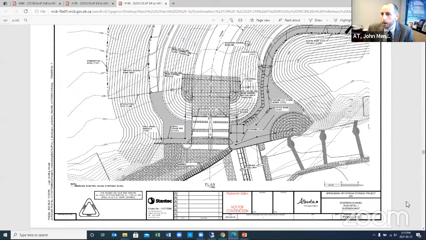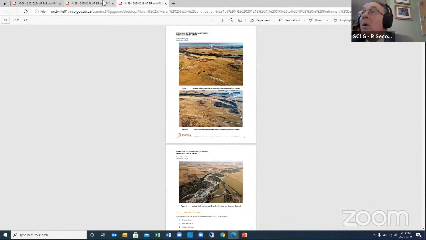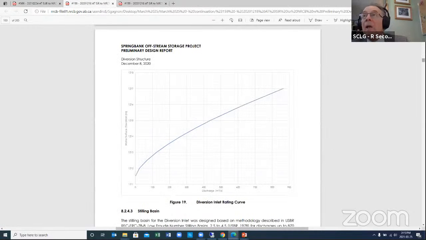Great. And so then if we could go back to figure 19, document host. We were just at that page. There we go.